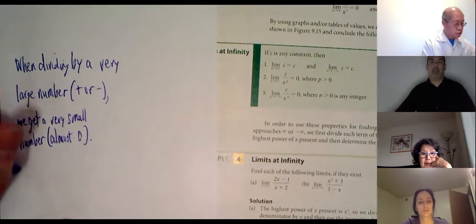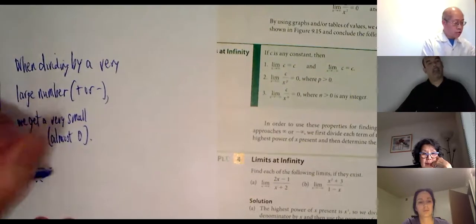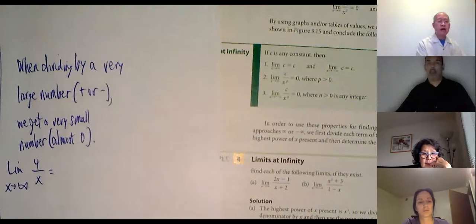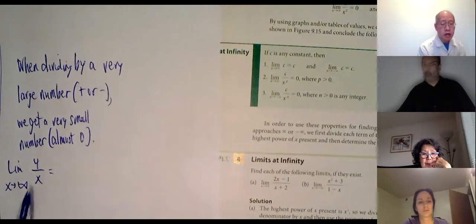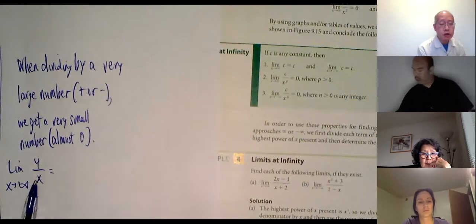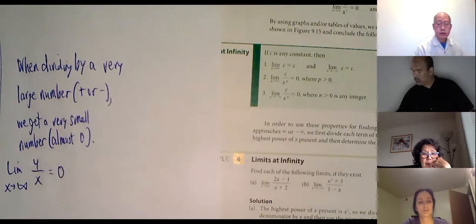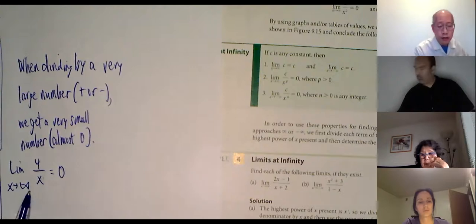Example. Limit as x approaches infinity of 4 over x. Okay, so I divide by bigger and bigger and bigger numbers. I plug in 1,000, a million, a billion, a trillion. This limit is 0. Okay. Think about 4 over a billion.